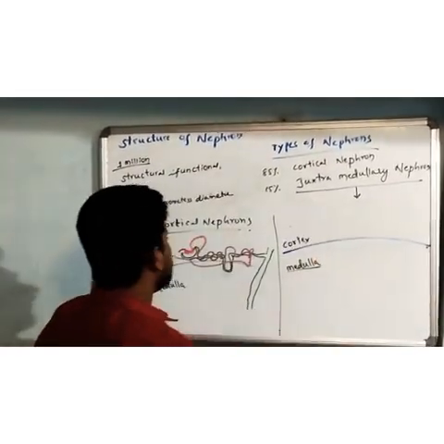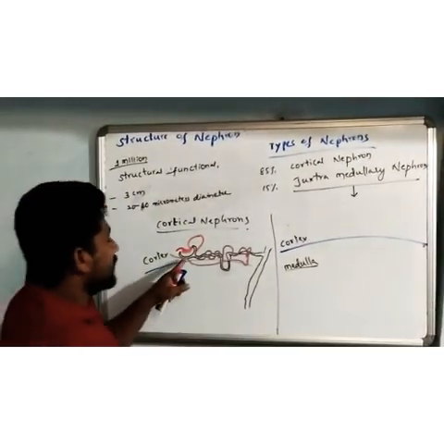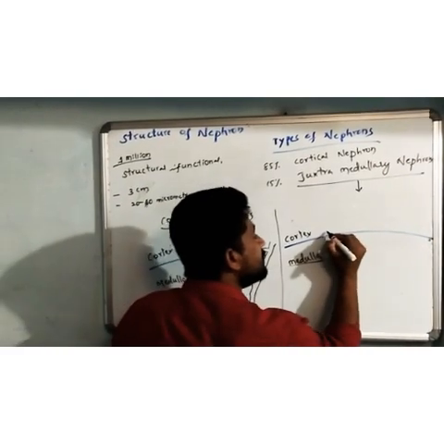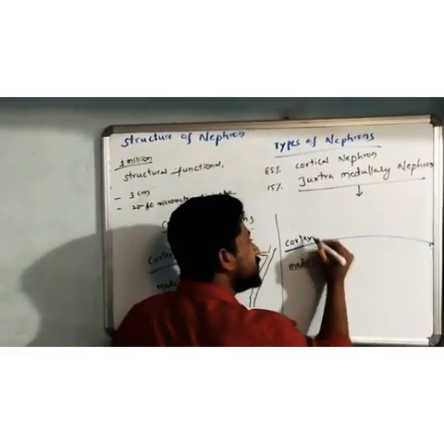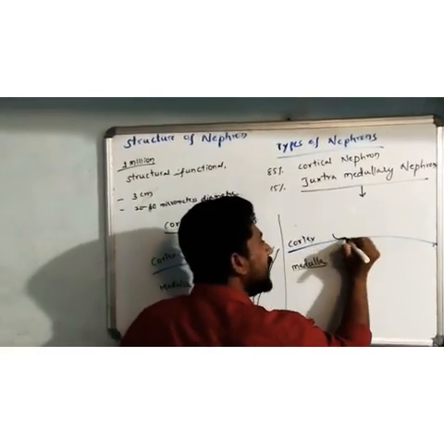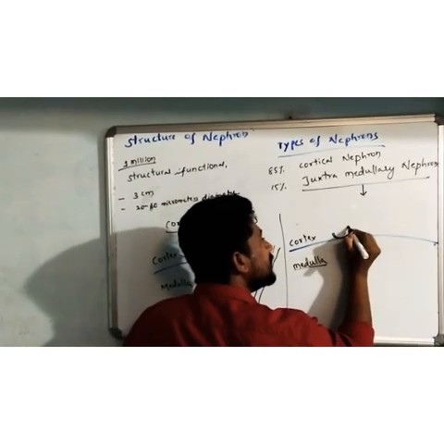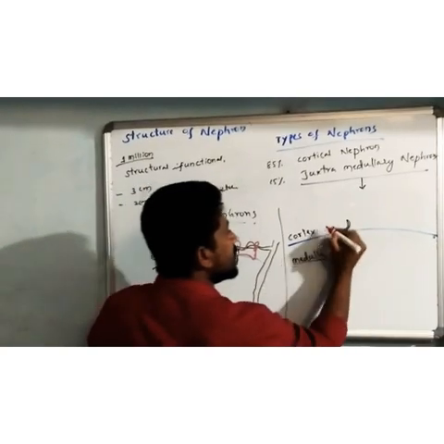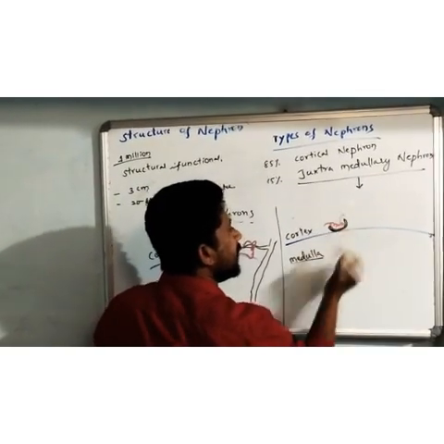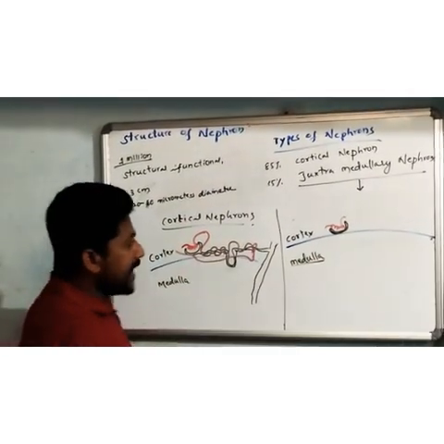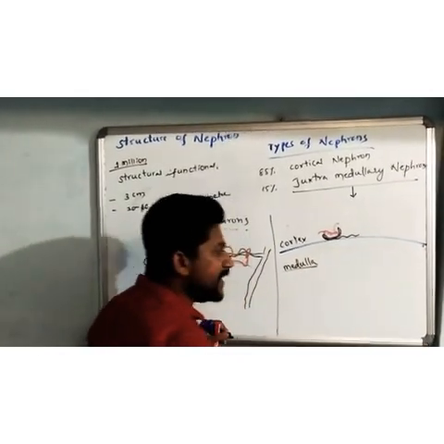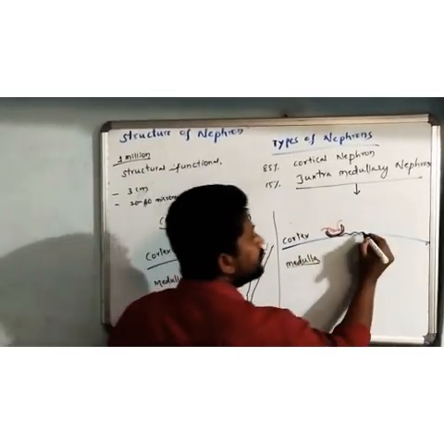In the juxtamedullary nephrons, the Bowman's capsule or the Malpighian body is very close to the junction of cortex and medulla, and the PCT is very near to the medulla.